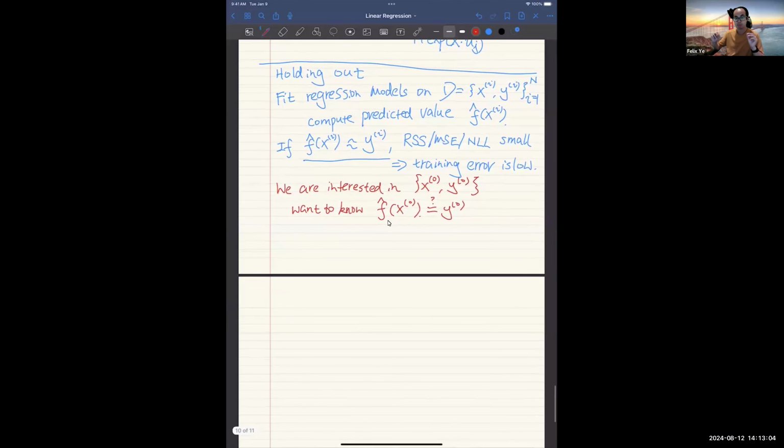So I don't care whether those training data are well fit or not. If I have a new data that is coming from the same distribution, I want to see whether the model can give good predictions or not. And the key here is that this data is unseen before.